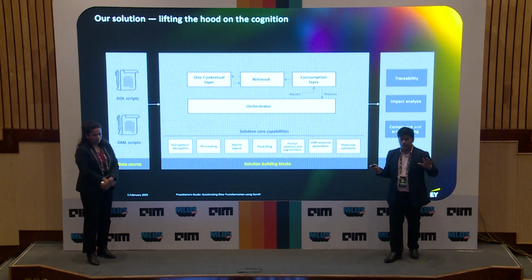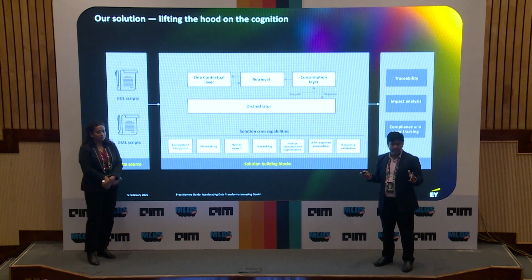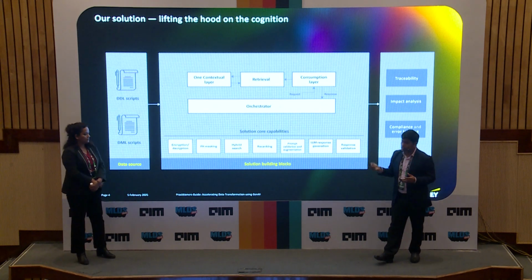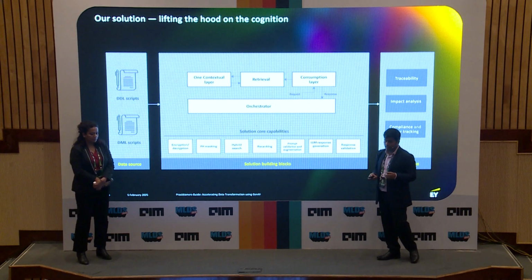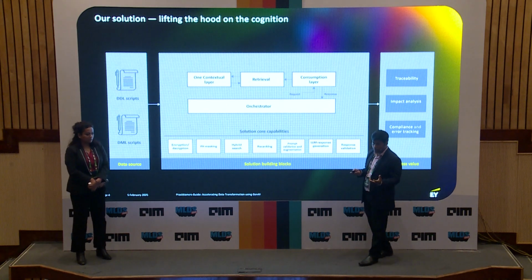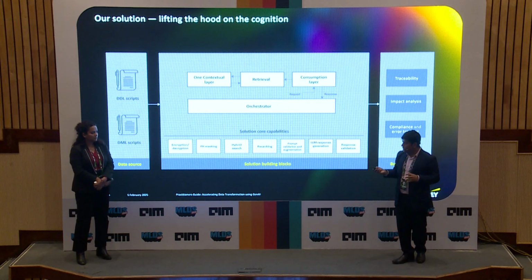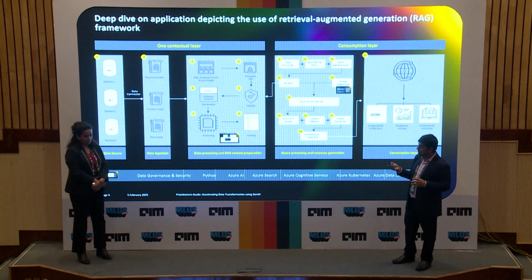Just to give you a brief, the contextual layer helps in properly indexing your objects and making them searchable. The retrieval mechanism helps in fetching the right results efficiently, and the consumption layer helps in taking your input, processing it, and then giving you an output which is more insightful and in a much more structured fashion.